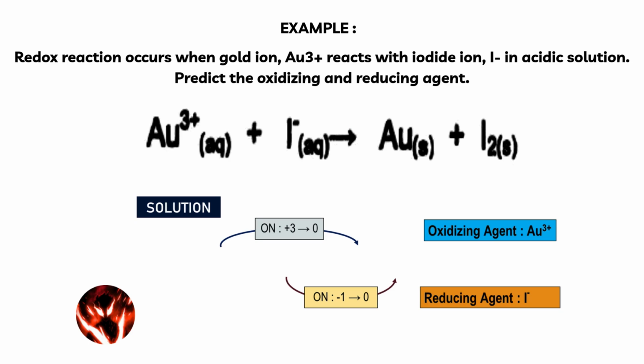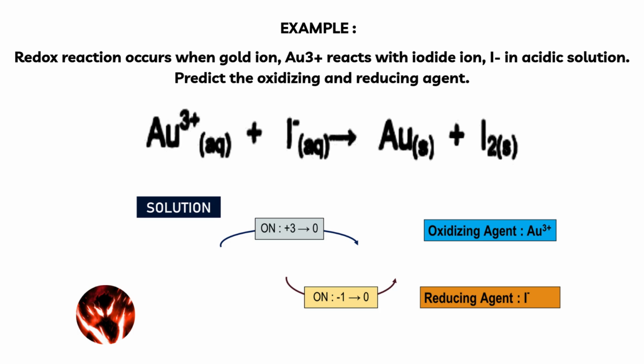Next, look at the iodide ion, I-. Its oxidation number increases from -1 to 0. Since the number increased, it was oxidized, making I- the reducing agent.